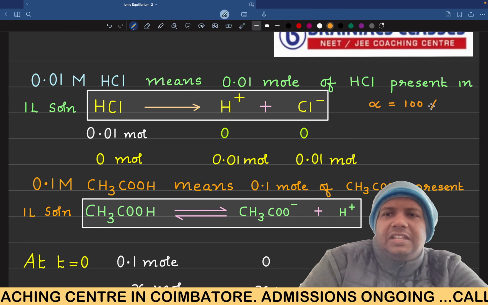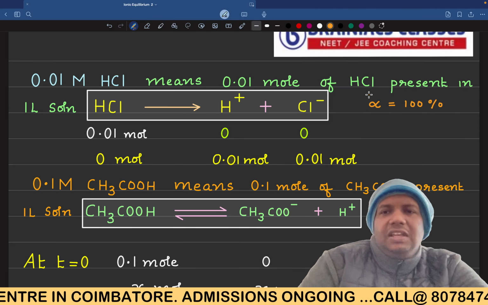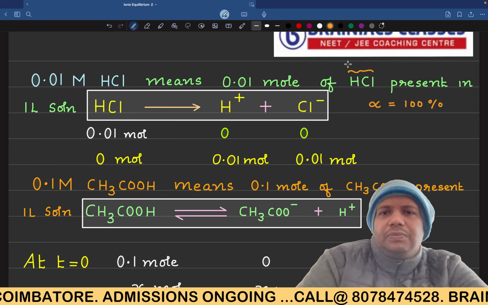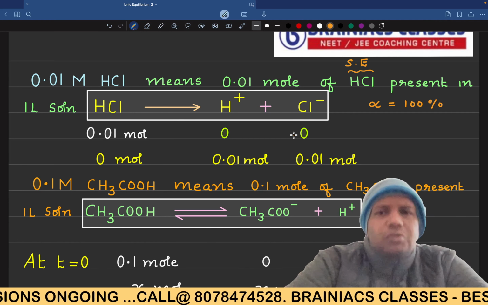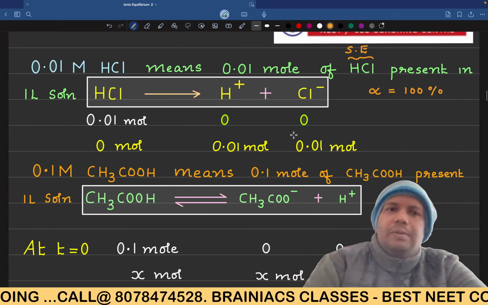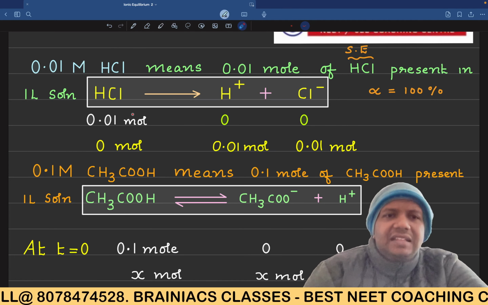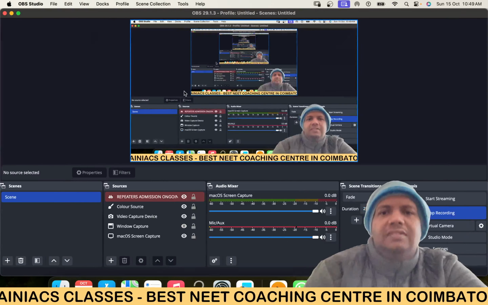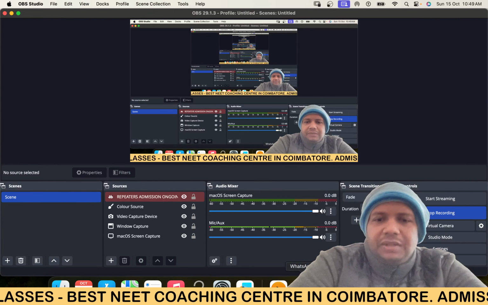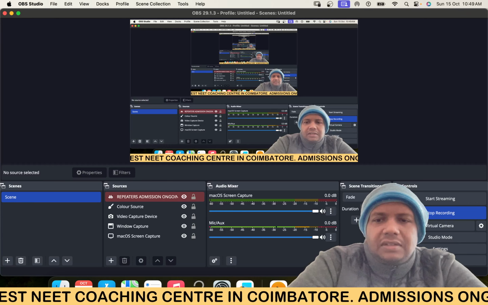Because it is a strong electrolyte. For all strong electrolytes, alpha would be 100%. So this will undergo complete ionization, so there will be only one arrow like this.